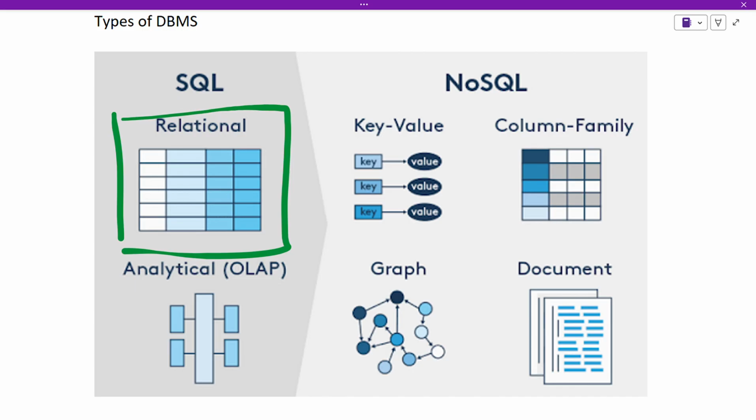And then we had something called analytical OLAP systems, online analytical processing. So this is more of a relational thing. And actually, I forgot that there is something called SQL. So we will go deep into what SQL is in our upcoming videos.